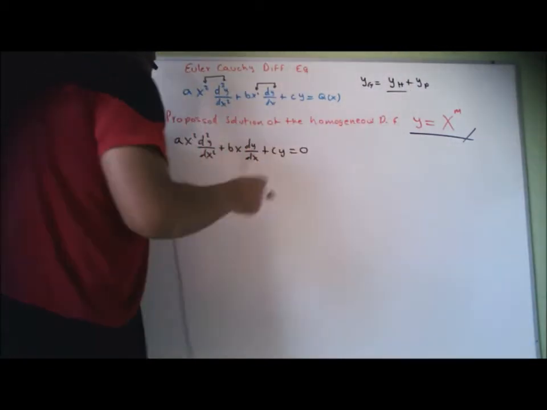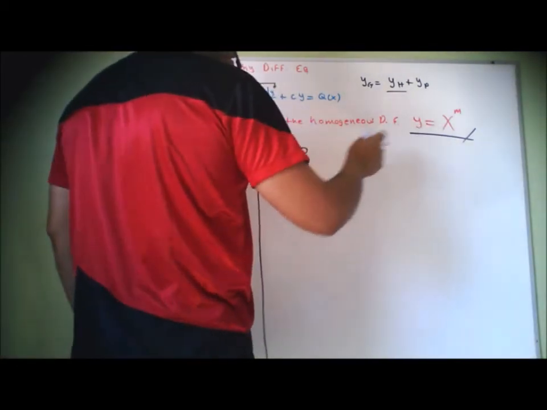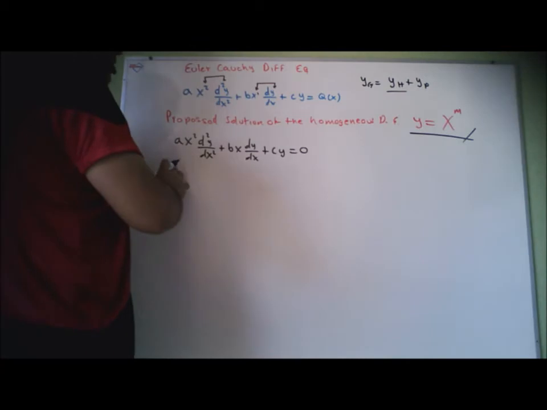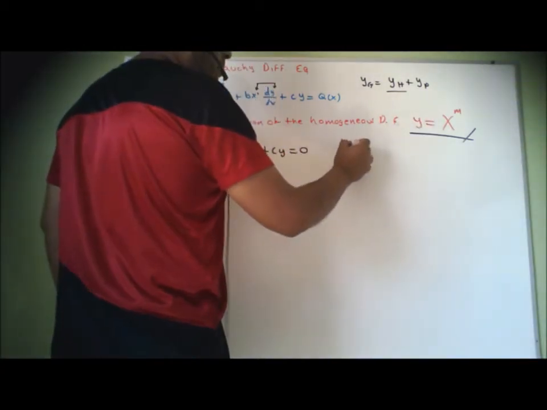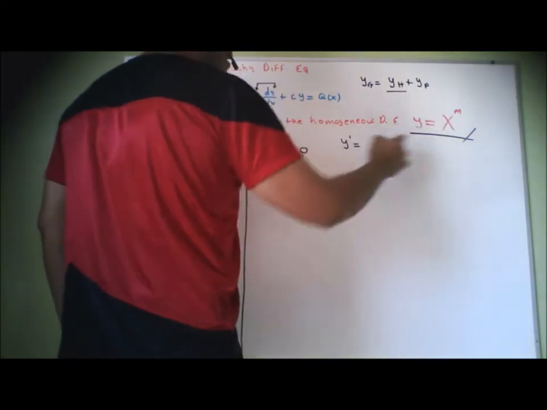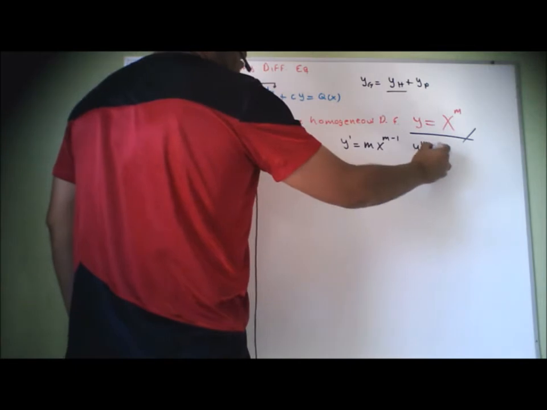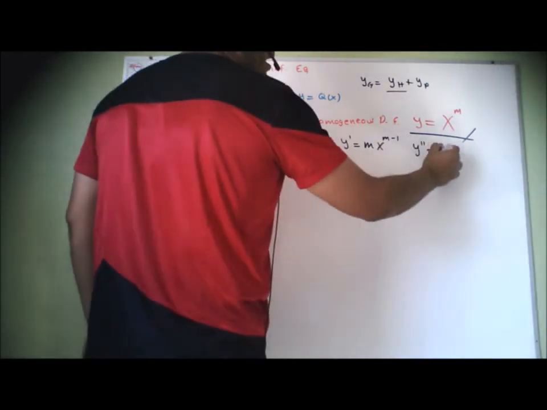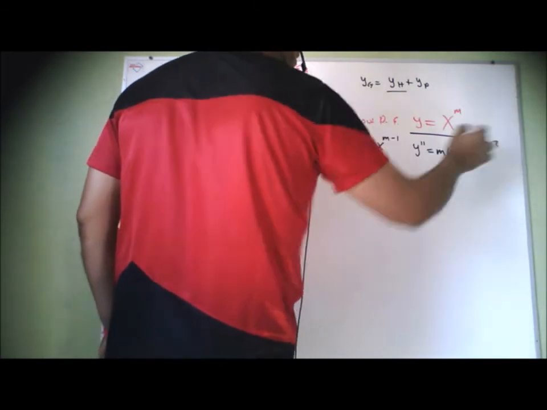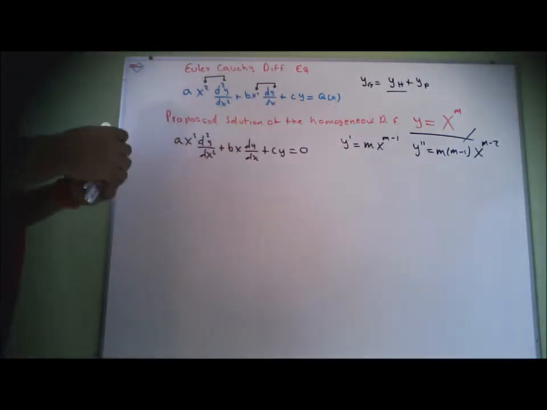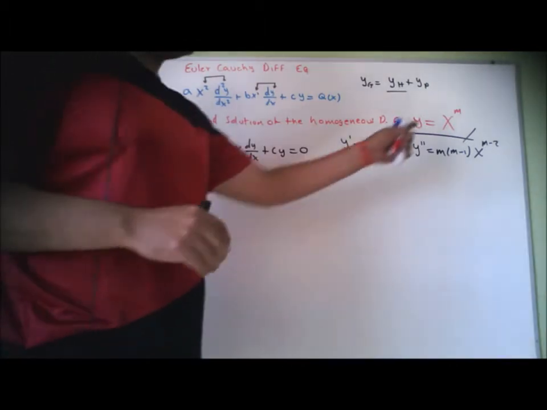Okay, now, if we propose this to be the homogeneous solution, then if we replace in the differential equation, it should be equal to 0. Okay, so let's do it. The first derivative of this is going to be m x to the power of m minus 1. And the second derivative is going to be m times m minus 1 x to the power of m minus 2. Okay, so now let's replace in the differential equation, and you will see why this is the proposed solution.